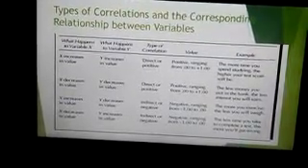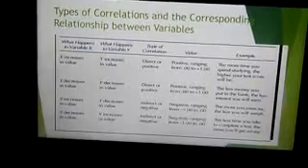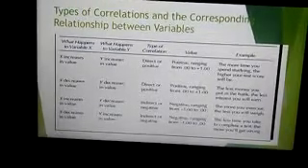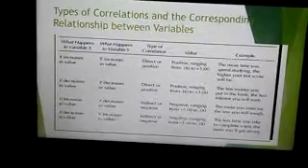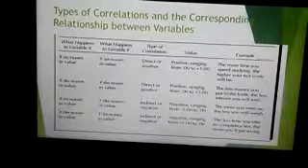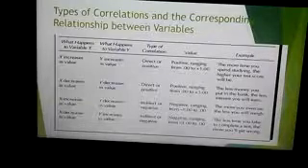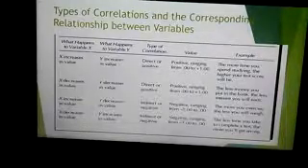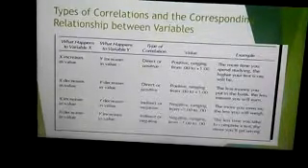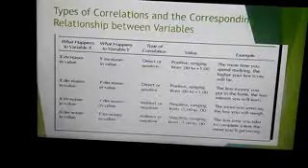Next one, if x increases in value and y decreases in value, there is an indirect or negative correlation. Its value is negative, ranging from negative 1.00 to 0.00. Example: the more you exercise, the less you will weigh.